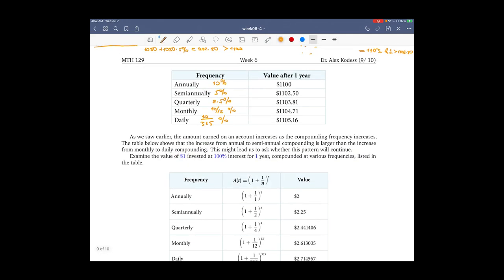Remember, the formula is initial amount P times 1 plus R over N to the power NT, where again, P is the initial amount. In our situation, it's $1. R is the APR, annual percentage rate. N is the number of times we compound per year.